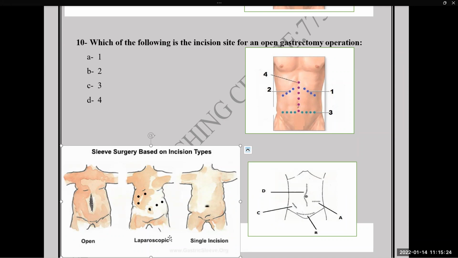The second picture is laparoscopic surgery. There are 6 holes. Single incision surgery. So the answer is? What is the incision? You can just take the number. Number is 4, the fourth one. That means D. Yes. Okay.